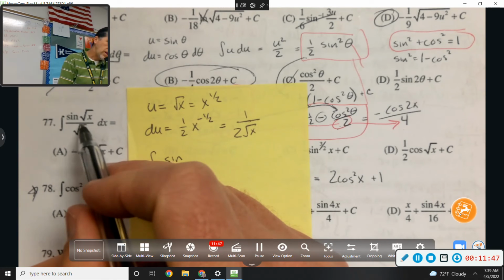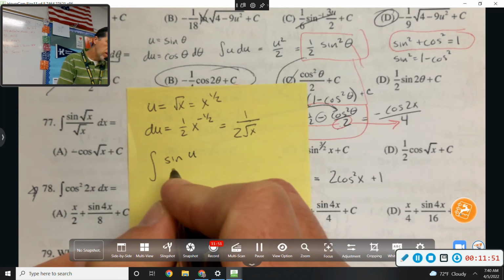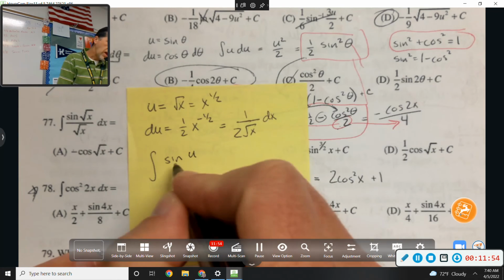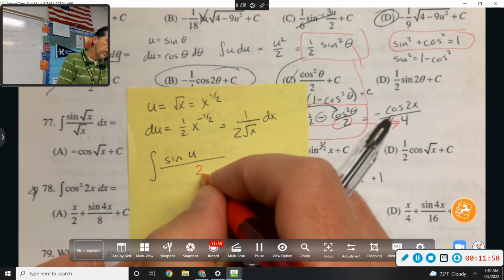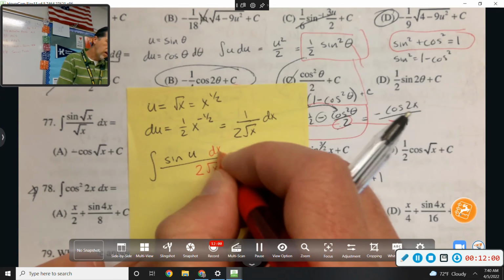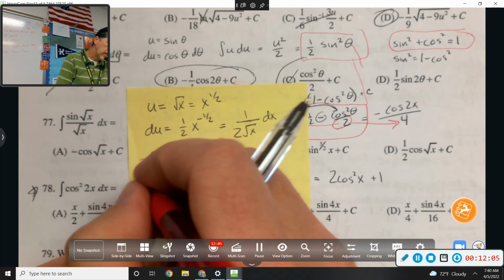So that top square root of x, I'm going to replace with u. But that bottom square root of x, I think I just want to put a 2 there with it to make it du. But then I need a 2 out front to cancel out the 1/2.